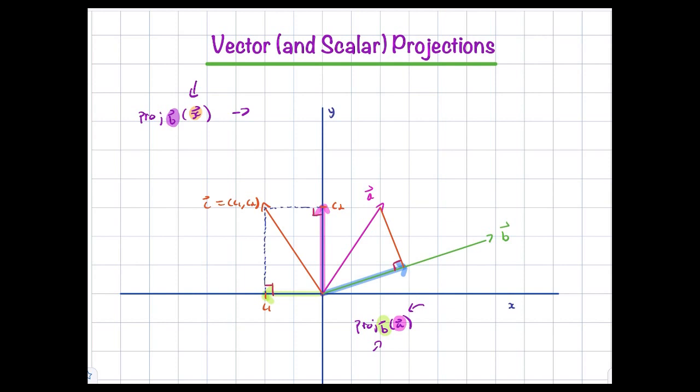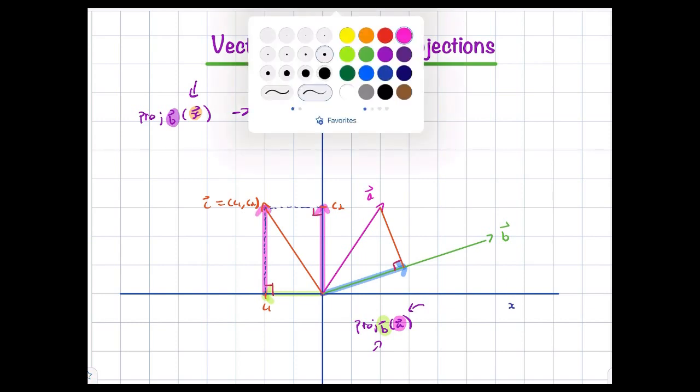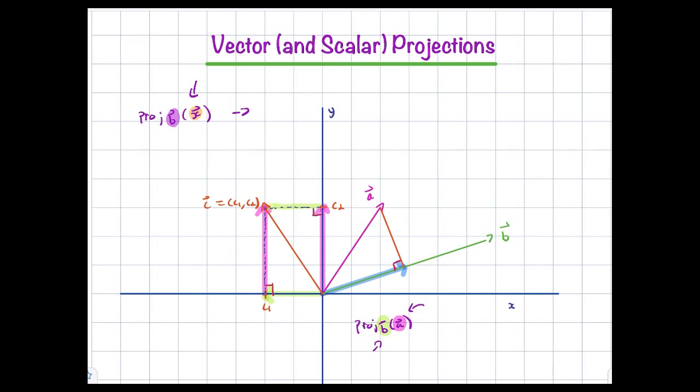Second thing to note, and you might have noticed this from the picture already, is that if you recall what our vector addition definition is, you'll see that regardless of which order you do it in, the vector c is the sum of its projections onto the x and y coordinates, right? It's the projection of c onto the x-axis plus the projection of c onto the y-axis.